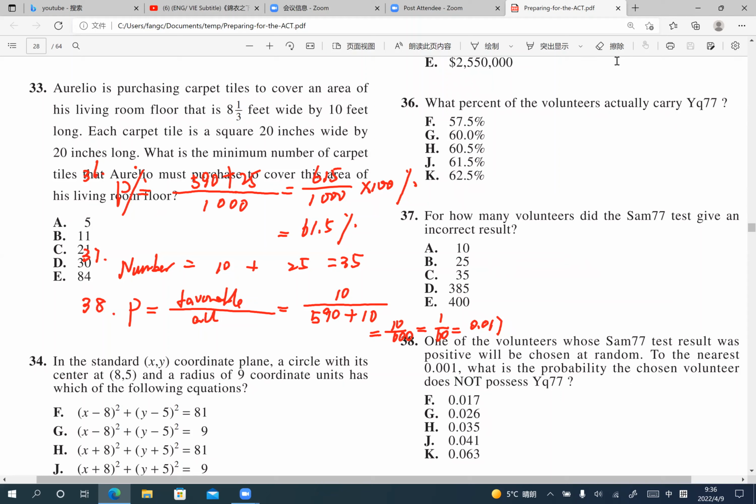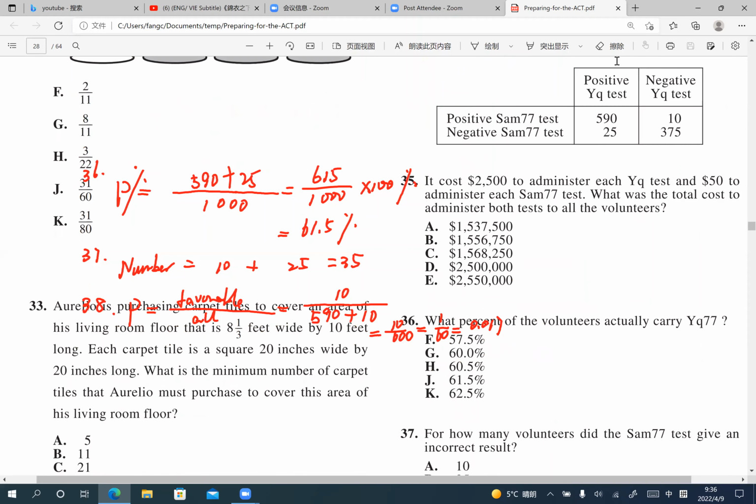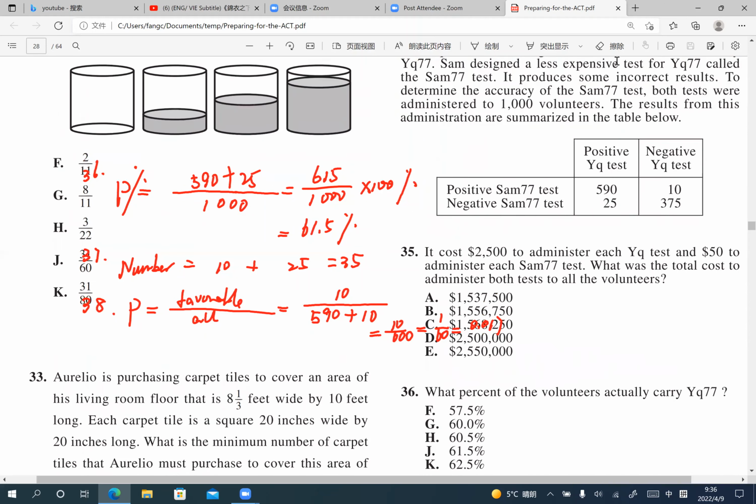So we need to find out the number of volunteers who don't possess YQ 77. Of the 600 people, 10 of them don't have the gene.